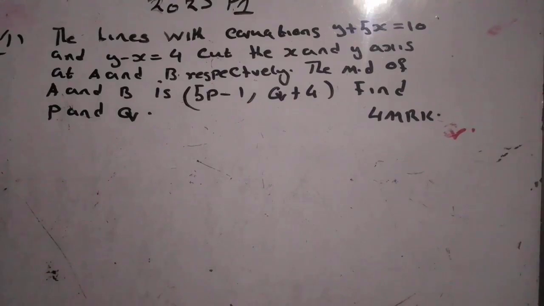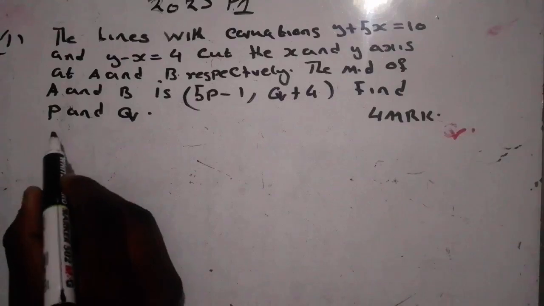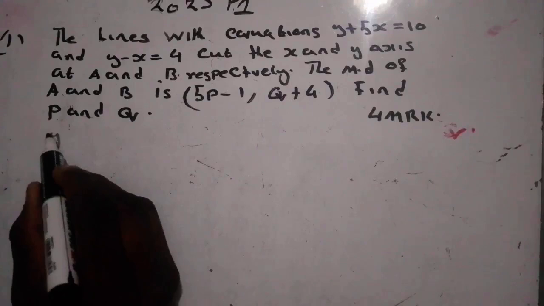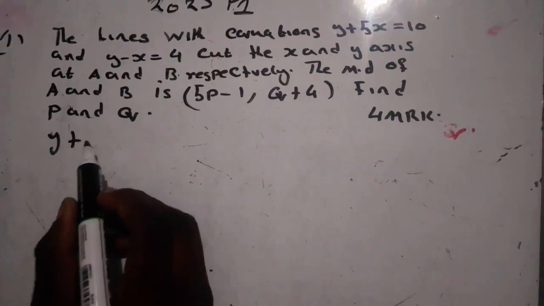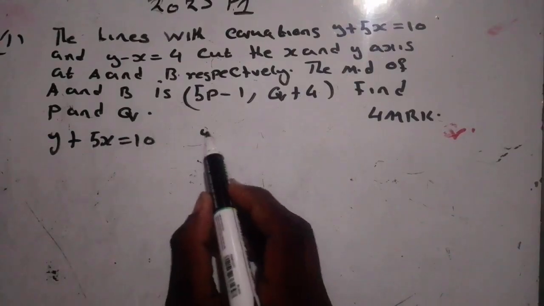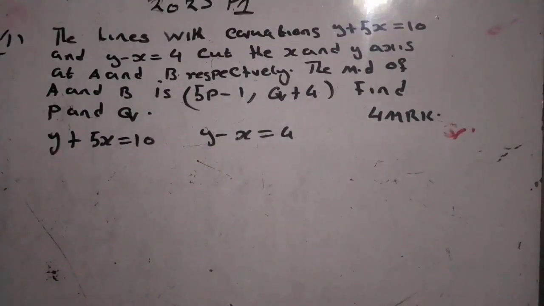So I'm going to repeat the question again. The question read: the lines with equations y plus 5x is equal to 10 and y minus x is equal to 4 cut the x-axis and y-axis at A and B respectively.